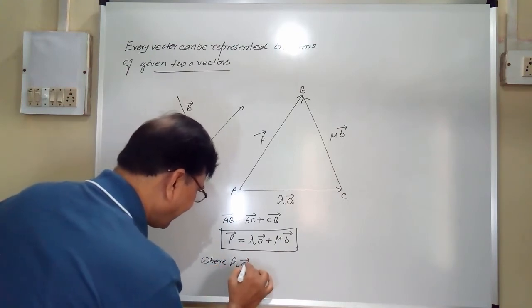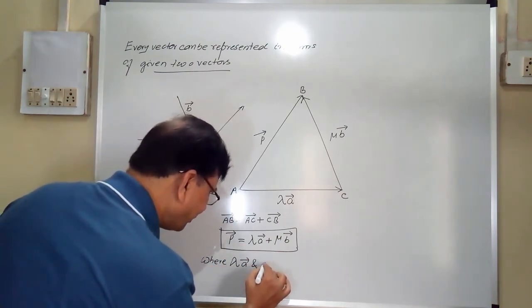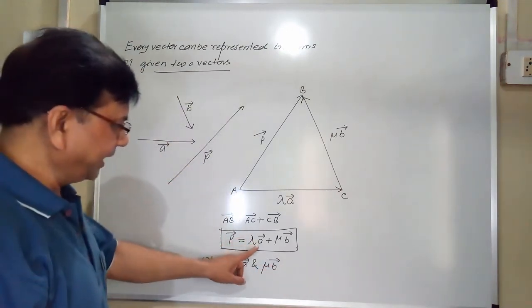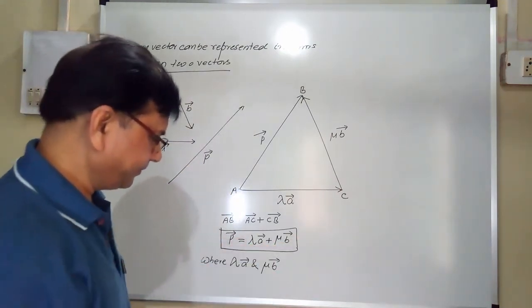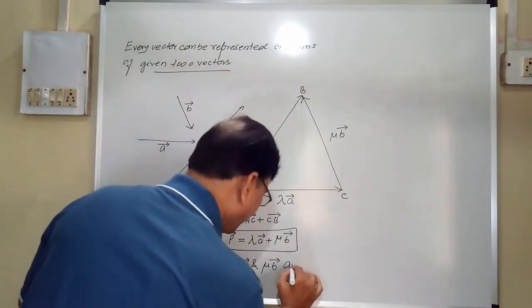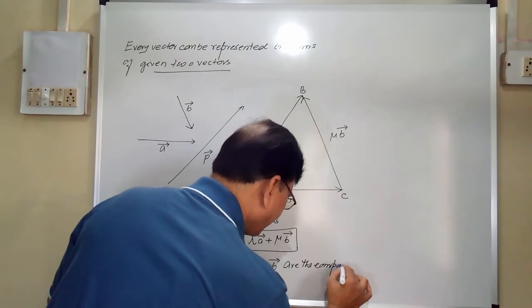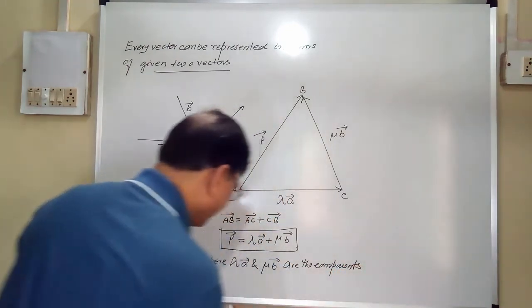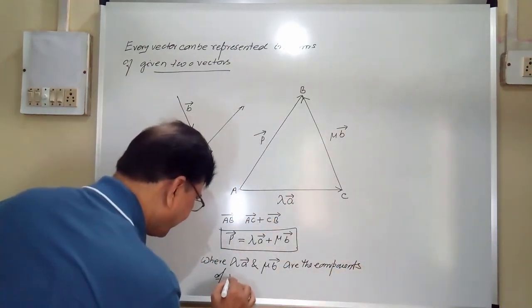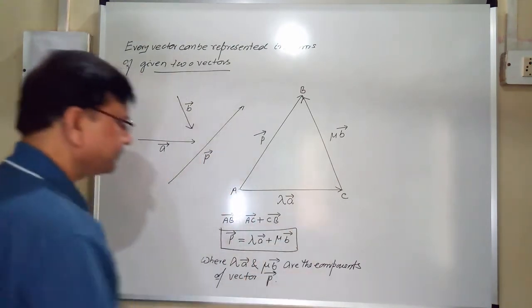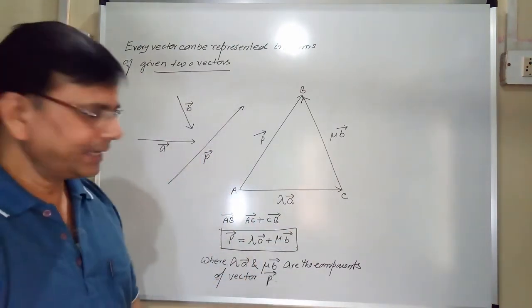lambda A and mu B are the components of vector P. So things are clear.